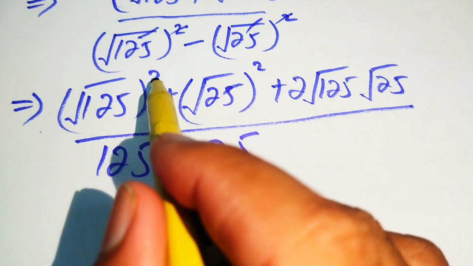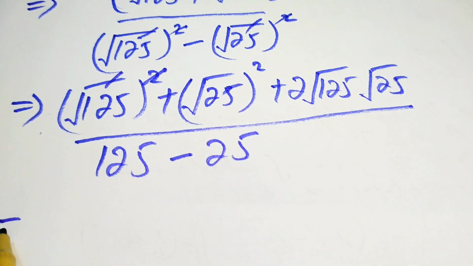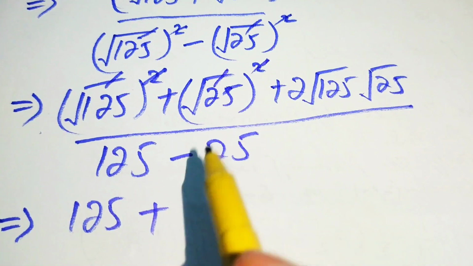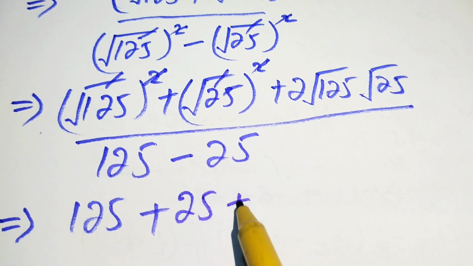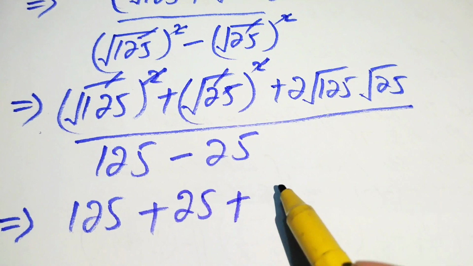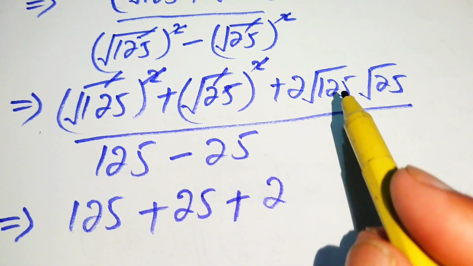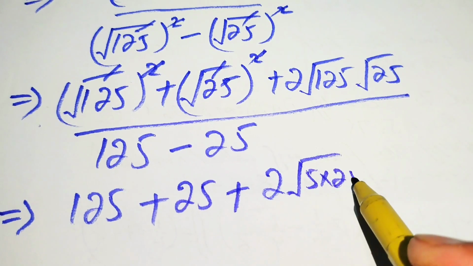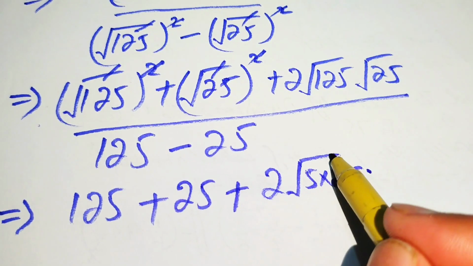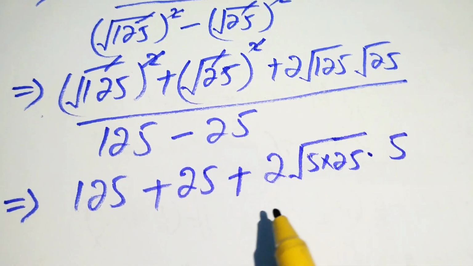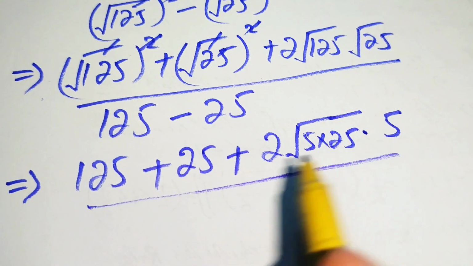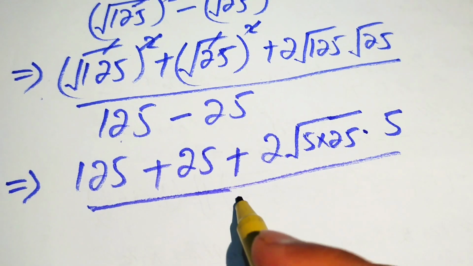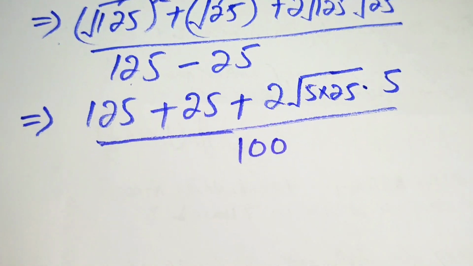Here we need a little bit of simplification. The square and square root are gone, and we get 125 plus 25, plus 2 times, we rewrite this term as 5 times √25, and we know that the square root of 25 is 5, and this whole term is divided by 125 minus 25, which is 100.